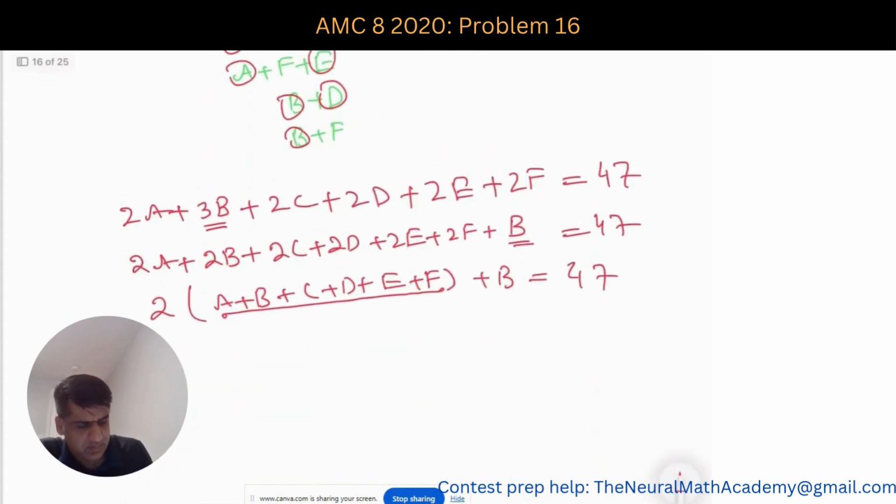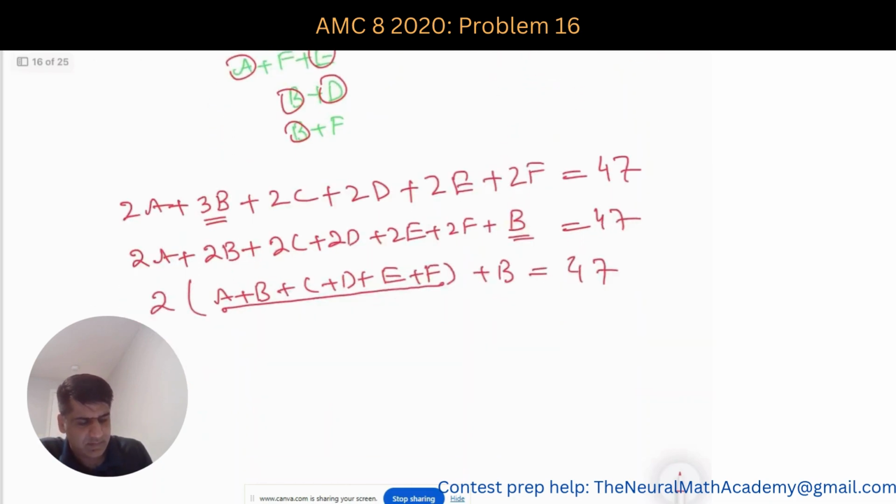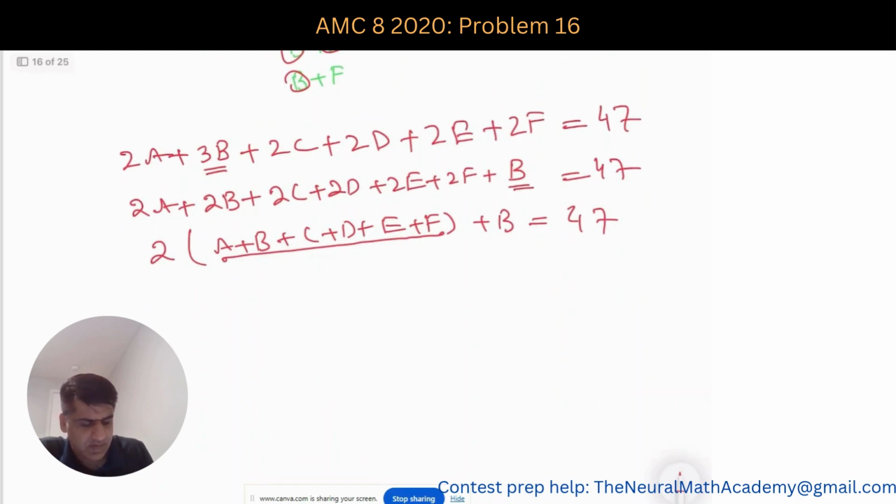the sum of numbers from 1 to 6, if I add, I get 21. So 21 is the sum of all of these alphabets, but at this stage we don't know the value for any of these alphabets.